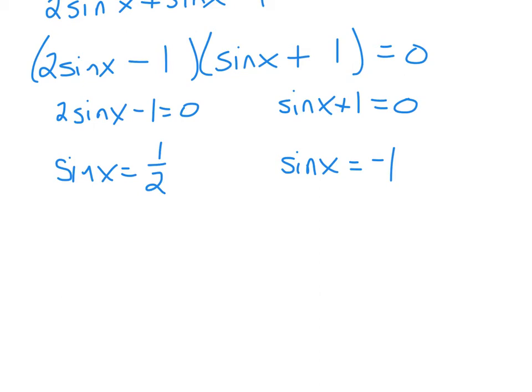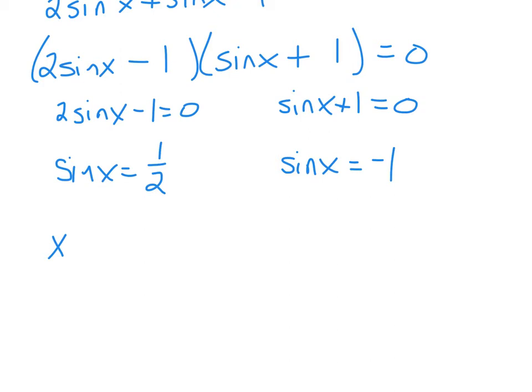And we're going through that same process as we did on the last one, right? Sine of what angle gives you 1/2? So positive 1/2 this time, as opposed to the last problem, which was negative.